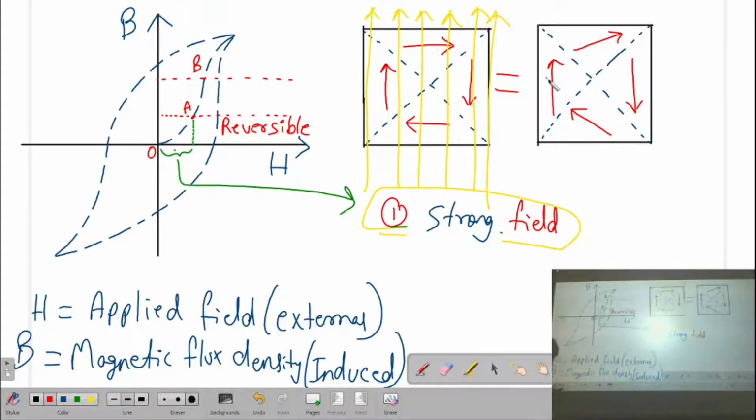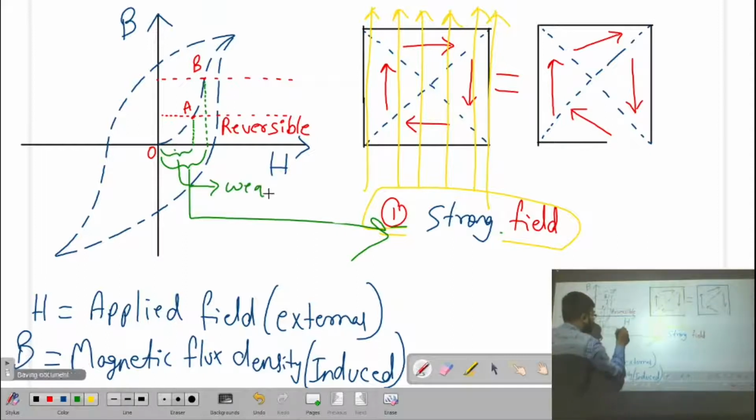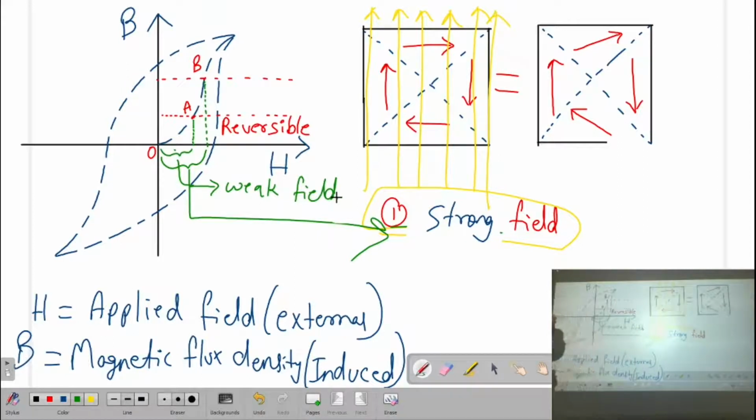This is the case for strong field. Let me remove this and write again: this is for weak field, this is for stronger field. So the OB region is for stronger field.